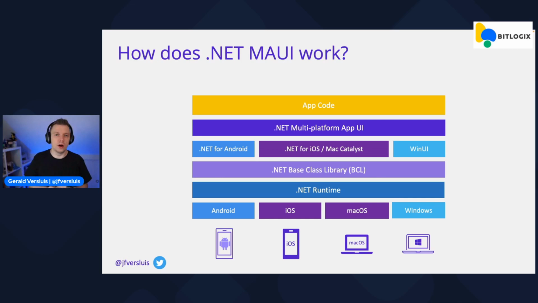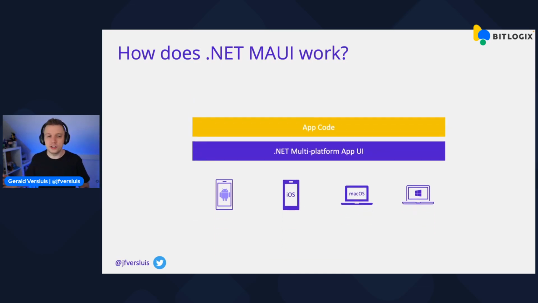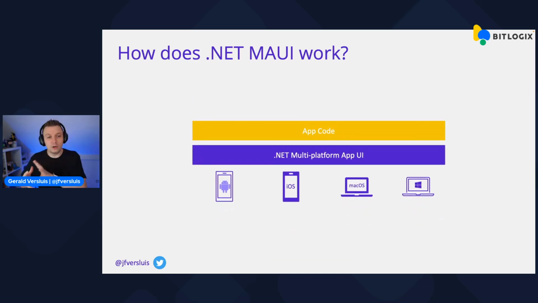So whenever you specify a button in that abstract layer, we're going to translate that through the .NET for Android or the .NET for iOS layer, however that button should look on that platform. And then ultimately, you only need to know how to work with .NET MAUI, what your app code should be. That's the most important thing. And now you can create an app with a single code base for all of these platforms. So that is really, really amazing.